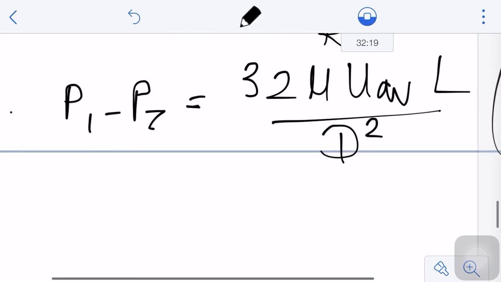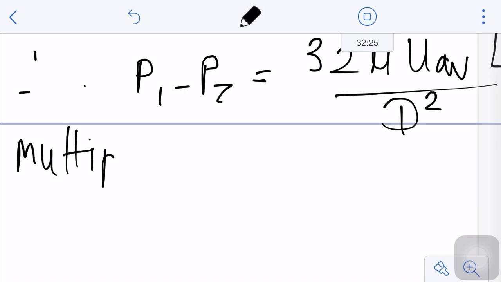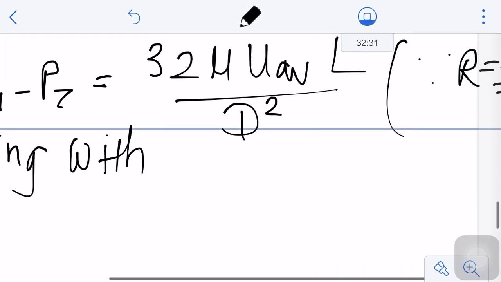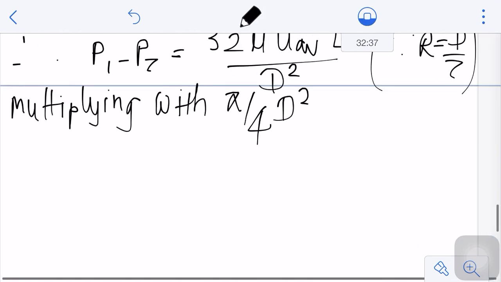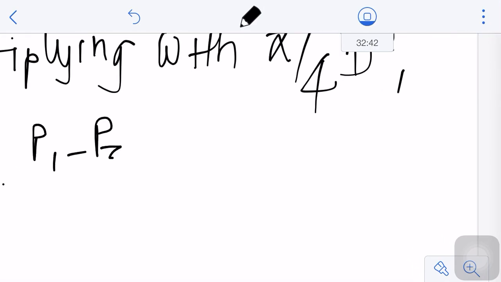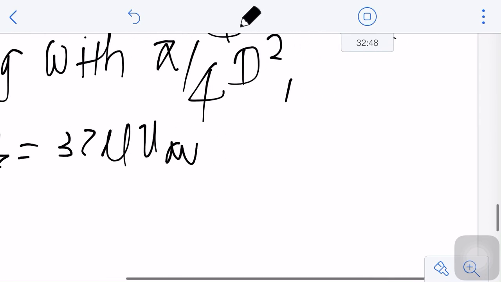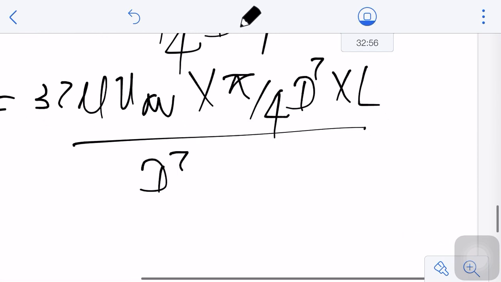If we do that, this equation will be P1 minus P2 is equals to 32 mu U average into pi by 4 d square into capital L divided by d square into pi by 4 d square.